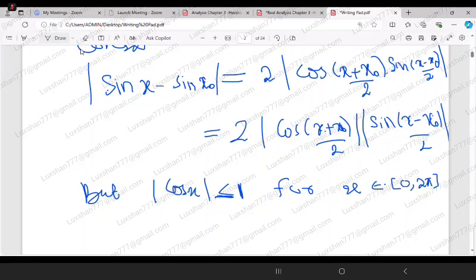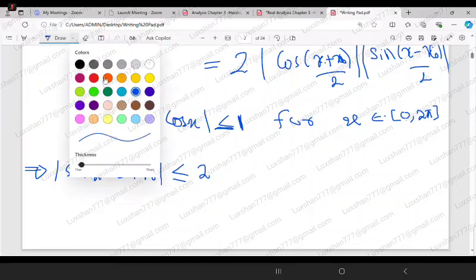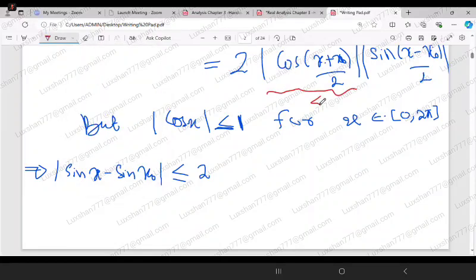So this implies that the mod of sin x minus sin x naught is less than or equal to 2 times the mod of sin of (x minus x naught) by 2, because the cos part is less than or equal to 1.